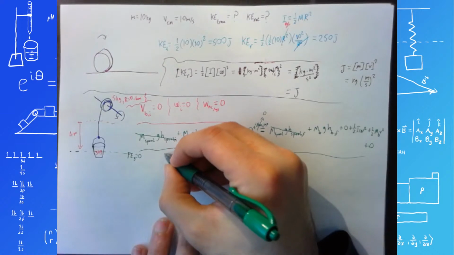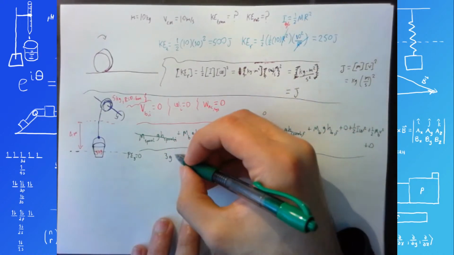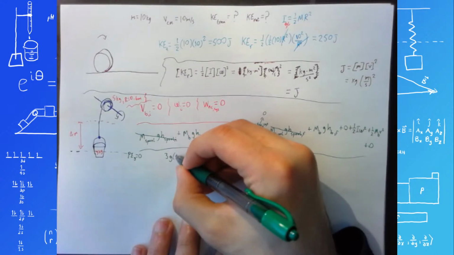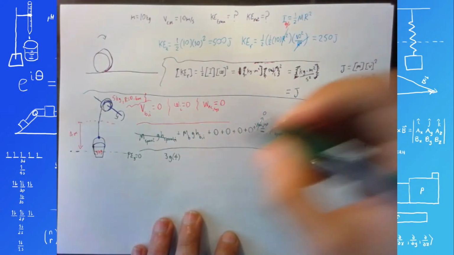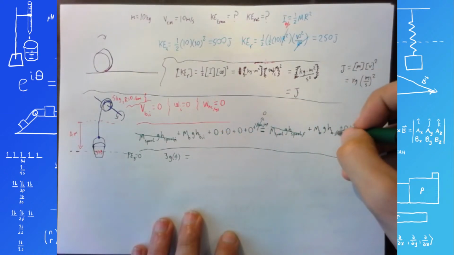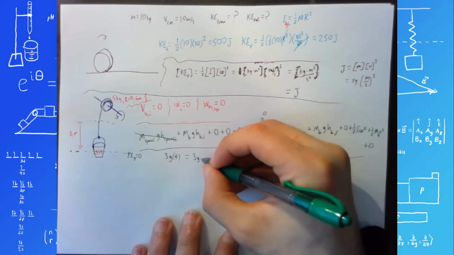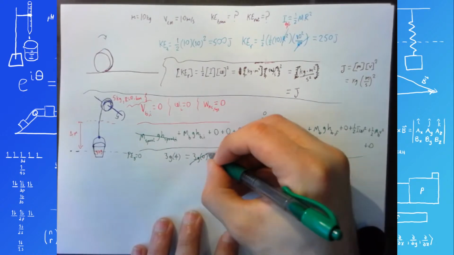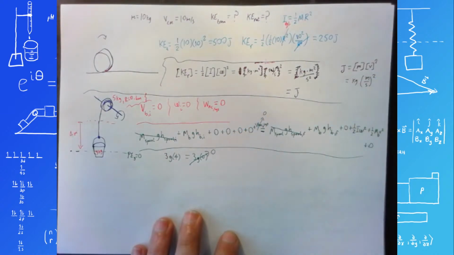So that's going to be 3 kilograms times g times 4, plus, well, nothing is left on the left-hand side, plus mass of the bucket is 3 kilograms again times g times 0. Should have substituted that as a 0 from the get-go.